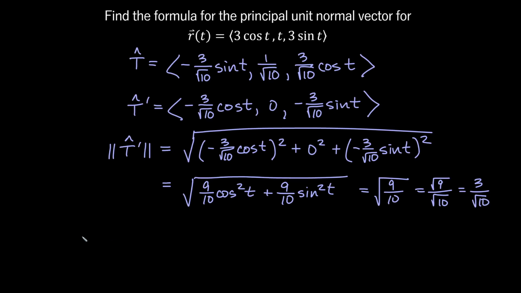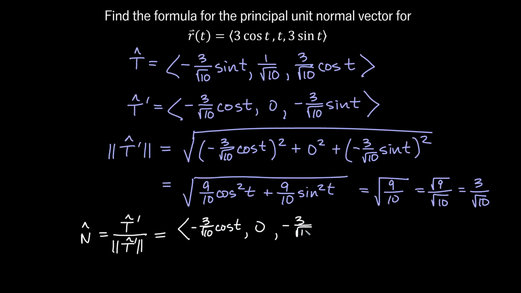So now to solve our principal unit normal, our n hat, remember that's going to be t hat prime divided by its own magnitude. And so that's going to be this vector here. We have negative 3 over root 10 cosine t, comma 0, comma negative 3 over root 10 sine of t.